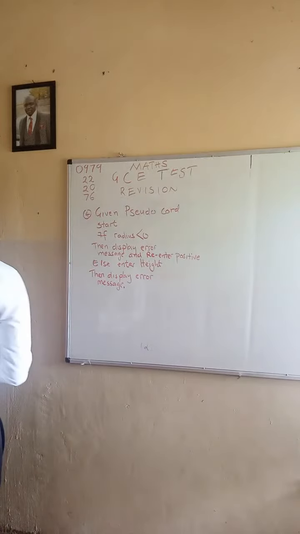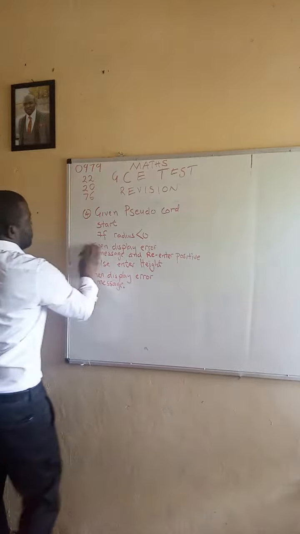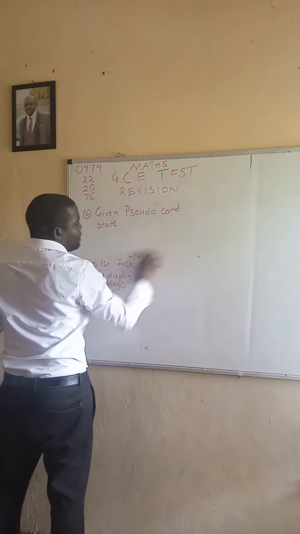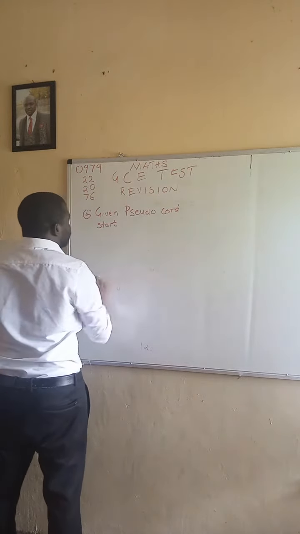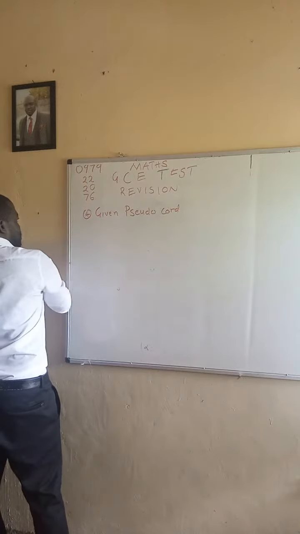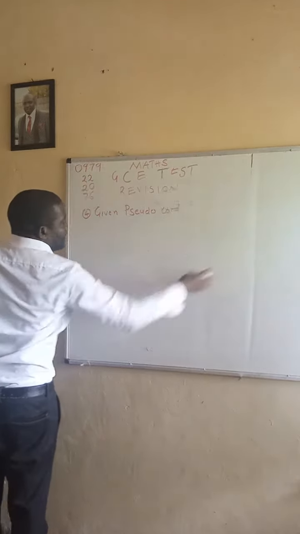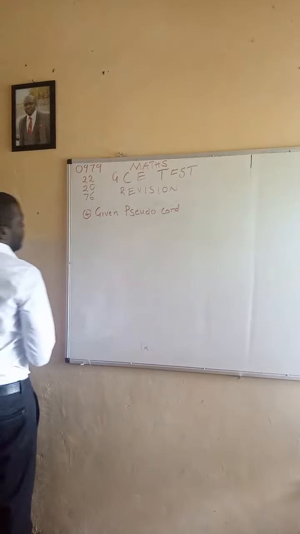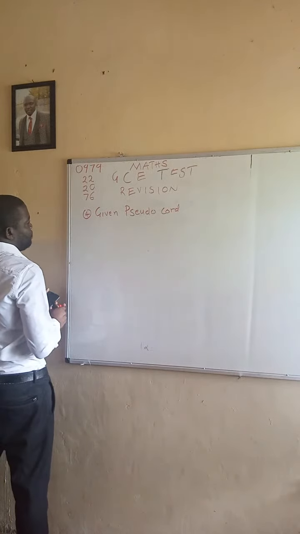The space is becoming smaller. I think let me create enough space. Let me push these sentences towards this side so that there's enough space for the answer this side. Okay, I'll start it afresh.